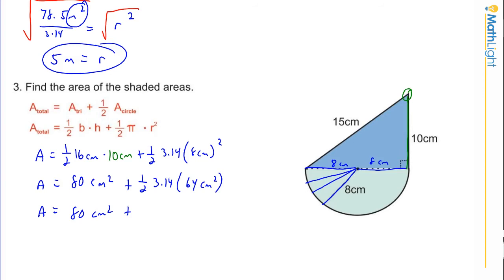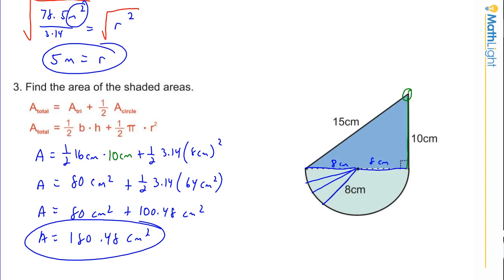So 32 times 3.14. If you don't want to do it that way, do the pi times the 64 and divide by 2. So I get 100.48, and that is centimeters squared. Let's add it up: 180.48 centimeters squared.